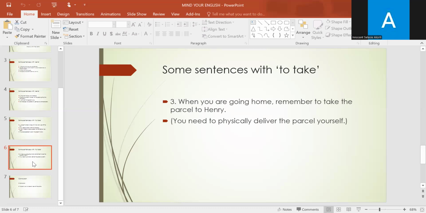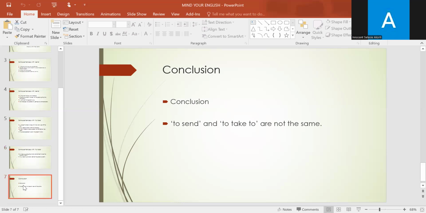So take to is not the same as send. Send means you cause the thing to move from one place to another, either by using someone else to do it, or you use an agency, such as sending something by post, or you send it by mail.